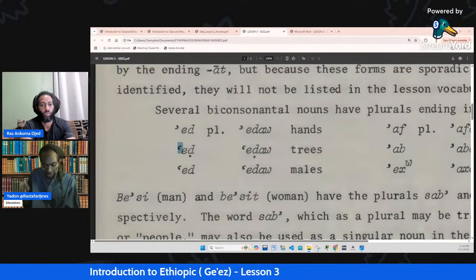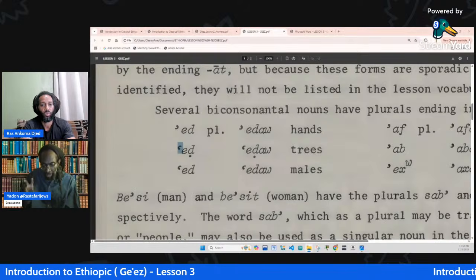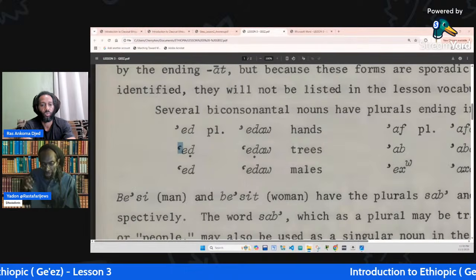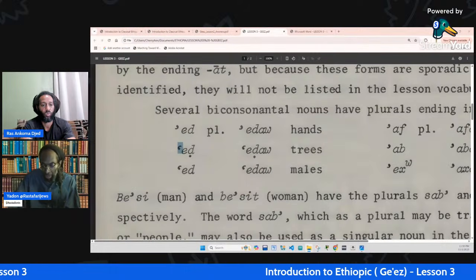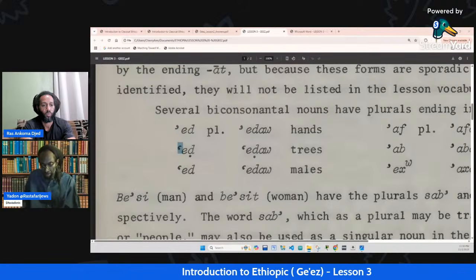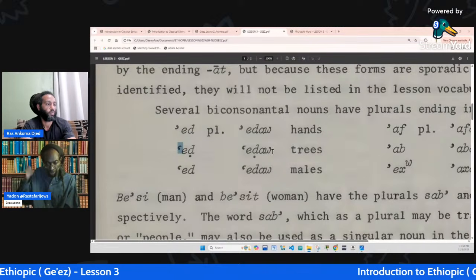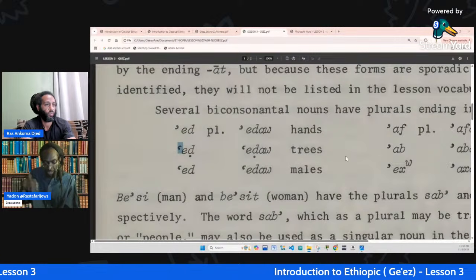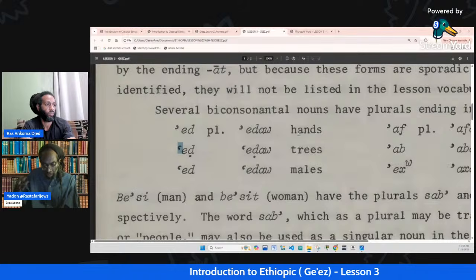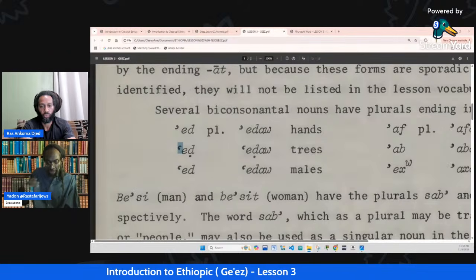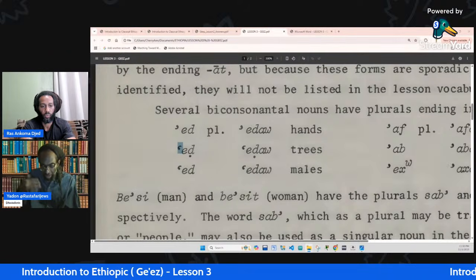So this is kind of shared. Notice when we look at the English, it looked the same. The word for hands is id and ido. The word for tree is it's and it's o.